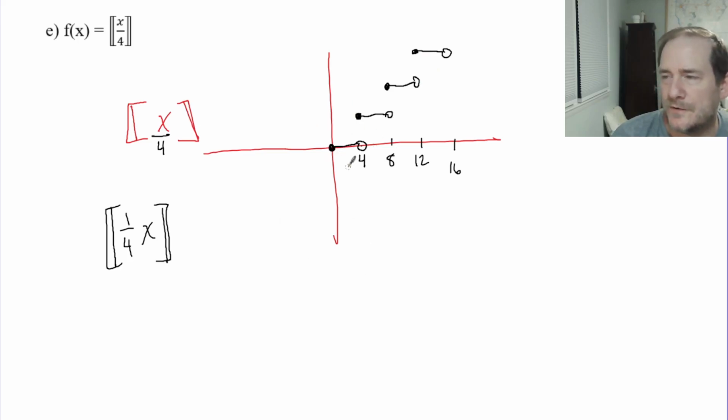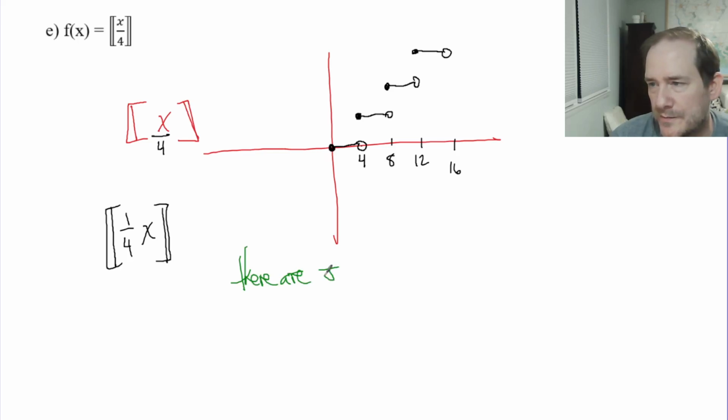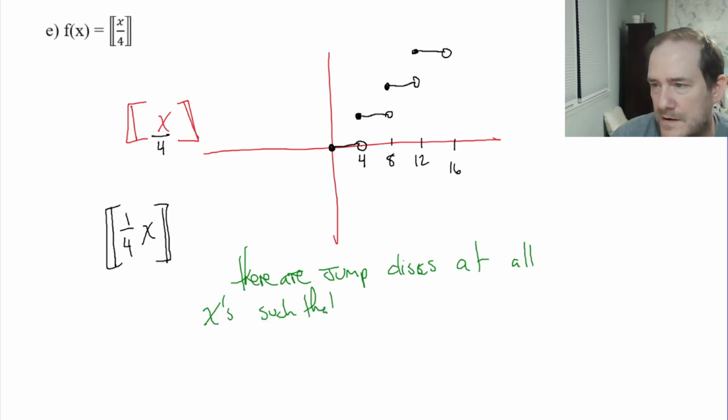So you guys that were paying attention a while ago when we were doing trig with tangents and whatnot might remember that we could model all of these numbers by saying there are jump discontinuities at all x's such that x equals 4k, where k is an element of the set of integers.